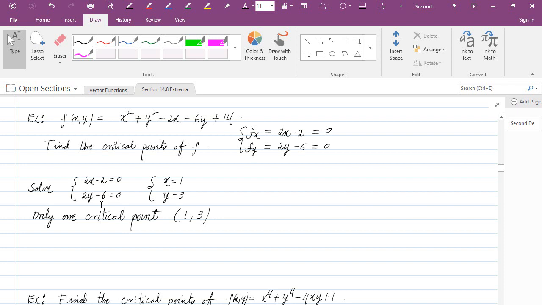The second equation here tells me that y is 3. So we see that there is only one point, (1, 3), where both of the partials are equal to 0. So this is the only critical point of this function. Obviously, these partial derivatives are defined at any point x, y.